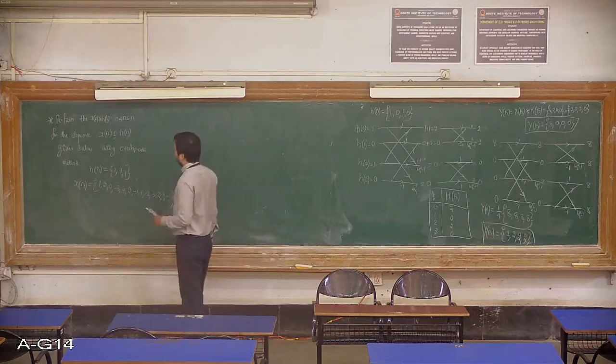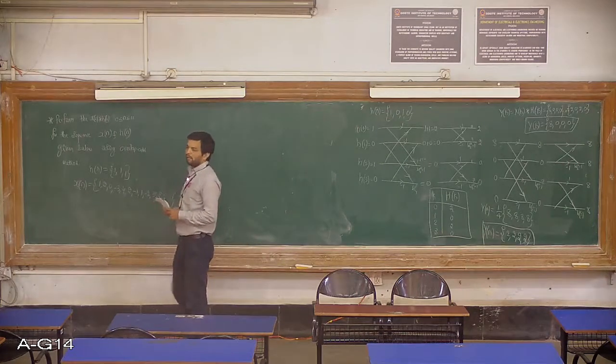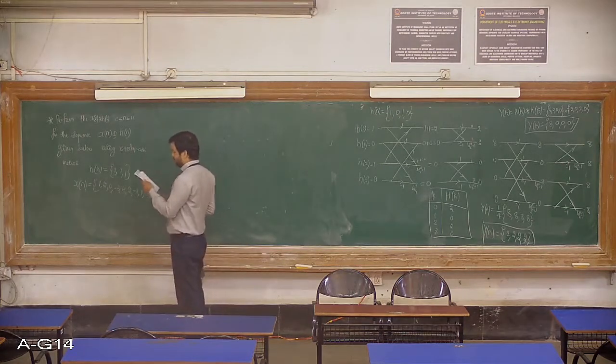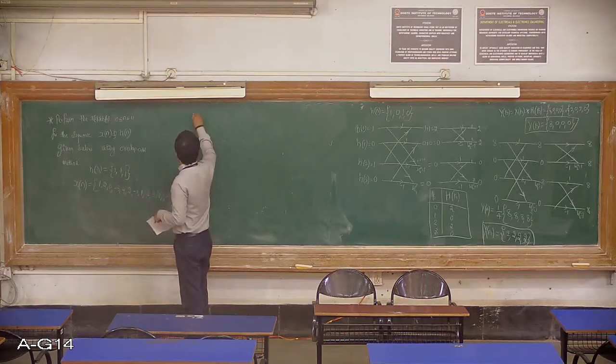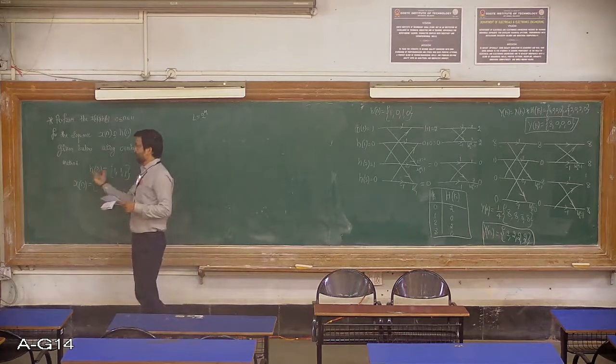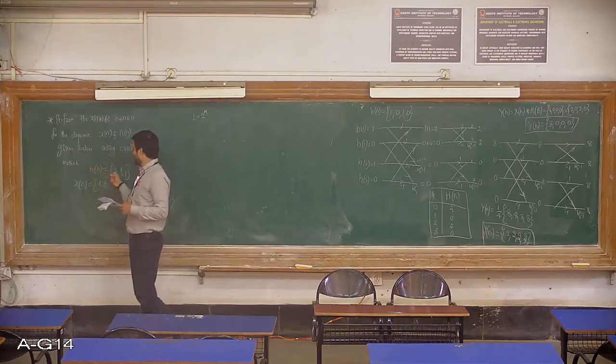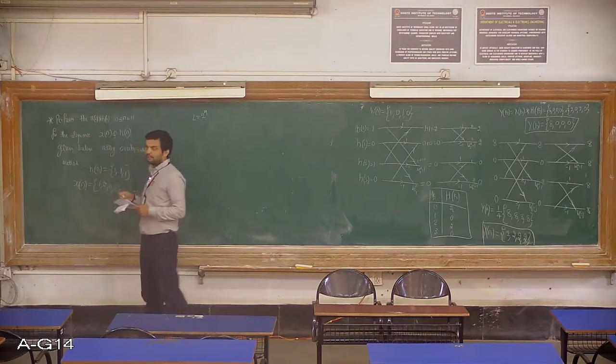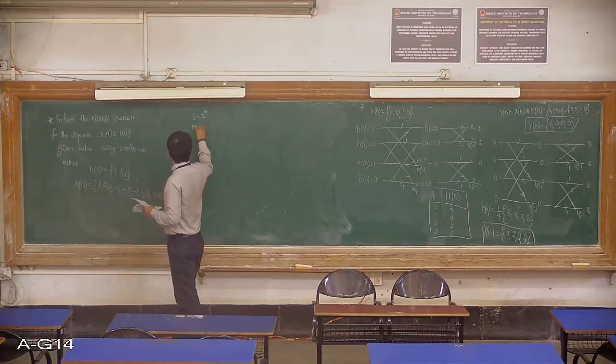So if I want to apply overlap add method and overlap save method, we know some formulas. What is that? So L, the length, is equal to 2 raised to m. M is nothing but the number of values in h of n. So how many values are there? 1, 2, 3. So m equal to 3.